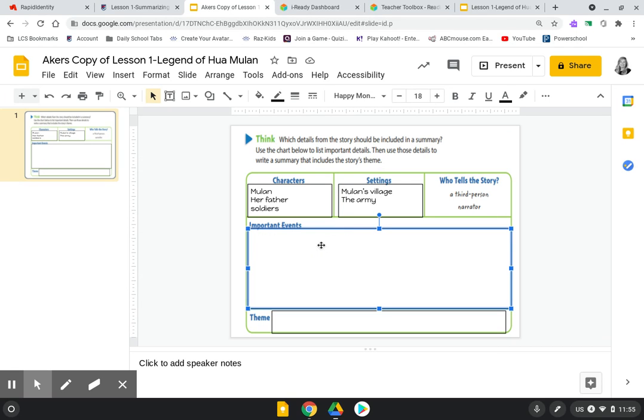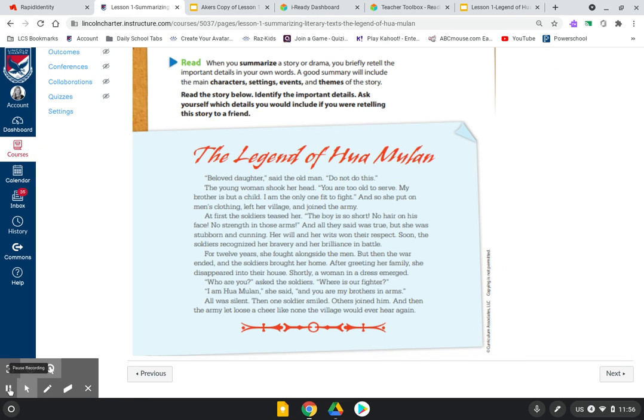And then now we're ready for our important events. I am going to include my bullet points to help me with this part. So when you're looking at the important events, let's start from the very beginning, and we talked about events a lot last week. Actually think about what is happening. In those first paragraphs, it's really talking about how old she is or how old the father is and how he is too old to serve.